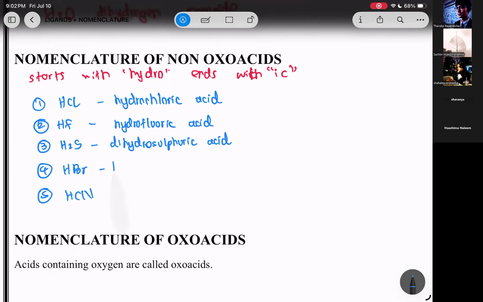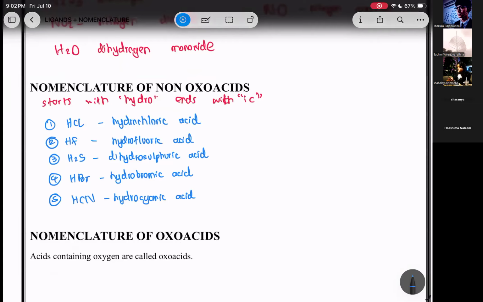This is hydrobromic acid. This is hydrocyanic acid. Hydrocyanic acid. Write this.